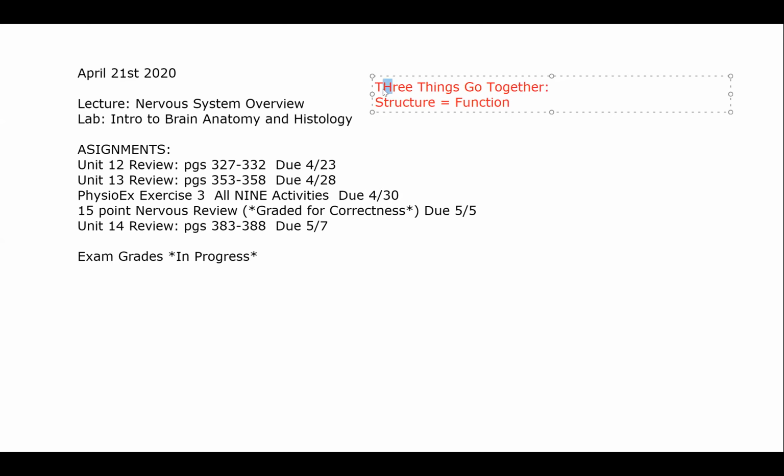And those three things that go together are structure, function, and location. Again, if you think of your bones, while your femur and your humerus are in different locations, a little chunk of the bone in your femur and a little chunk of bone in your humerus do the same thing.